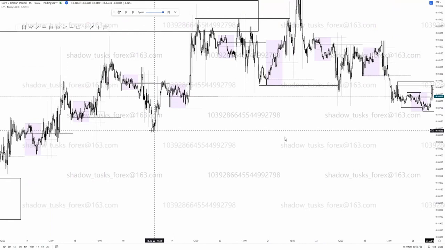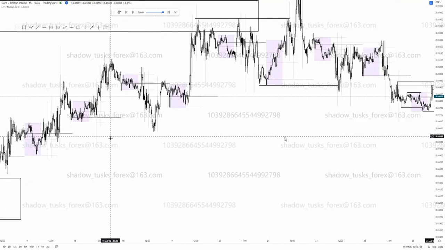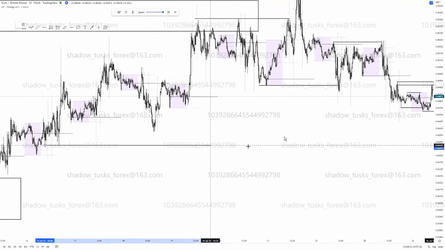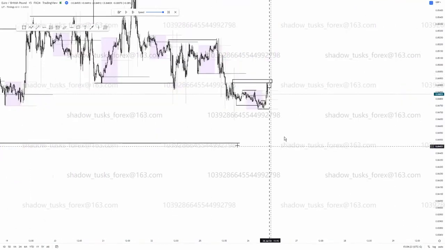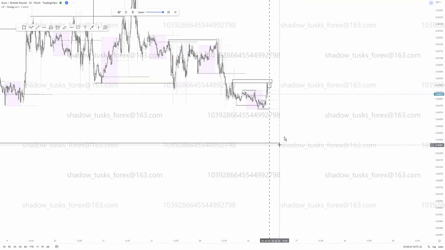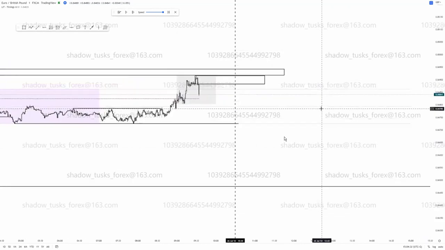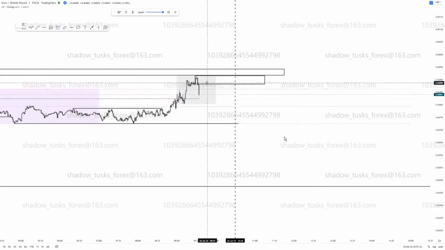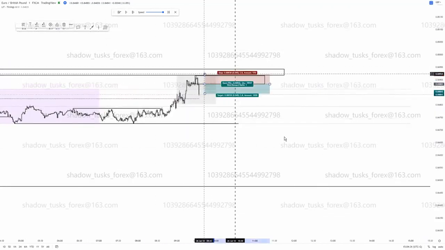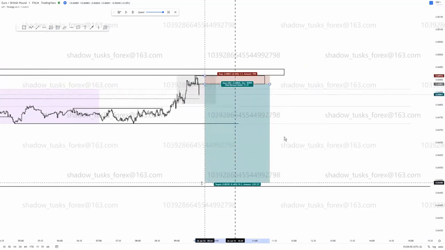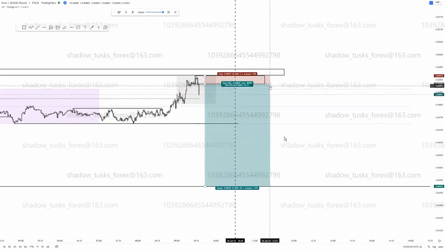Well, we could target here, but look, we have an even better target of these equal lows. Yes, the zone seems big, but when you factor in the target, that's where you're going to target.